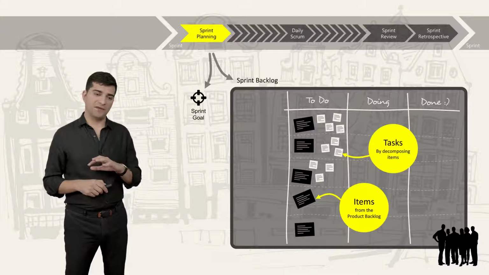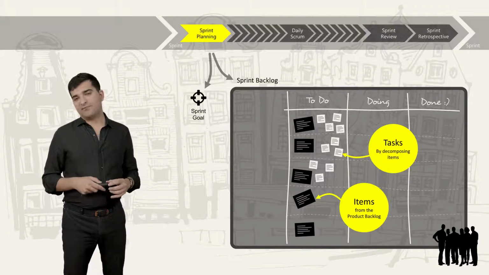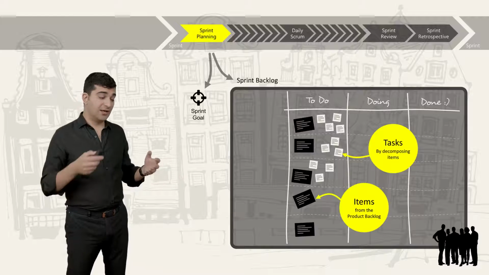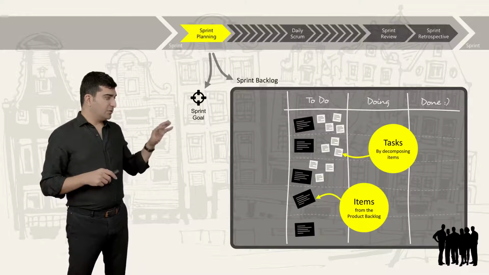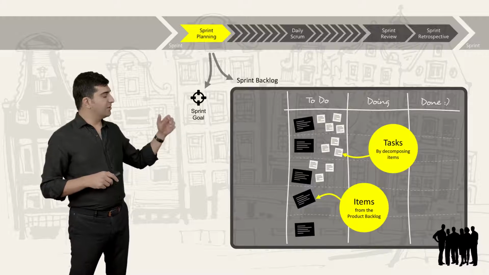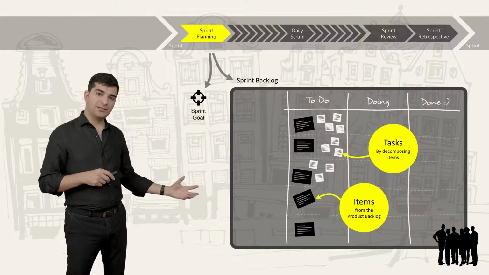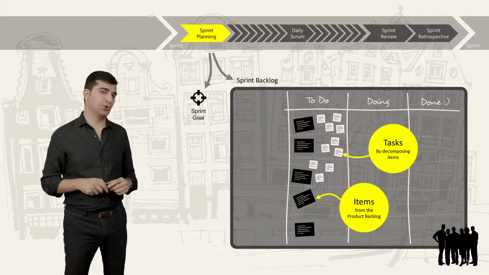There's one important thing here. As you have seen, we don't do upfront planning in Agile. We don't have detailed upfront planning in Agile. So that is also the case here. If you try to create those tasks for all items, that's a form of detailed upfront planning, which we don't do.